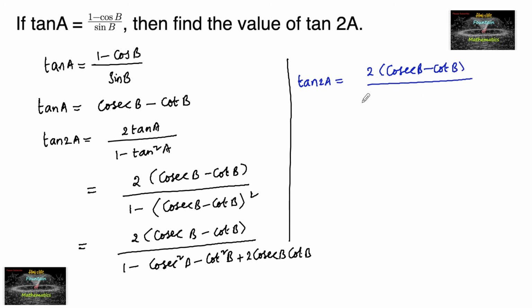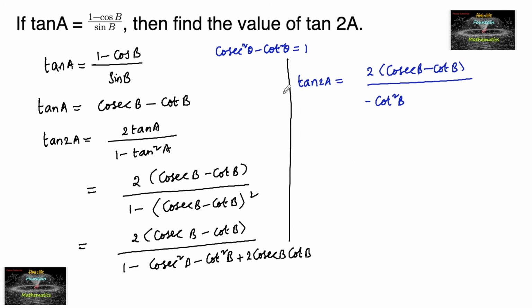upon, and here we can consider 1 minus cosecant square B as minus cot square B, since we know that cosecant square theta minus cot square theta is equal to 1.